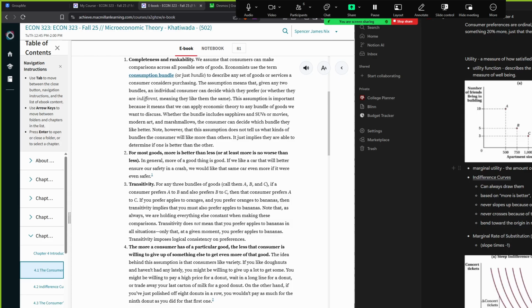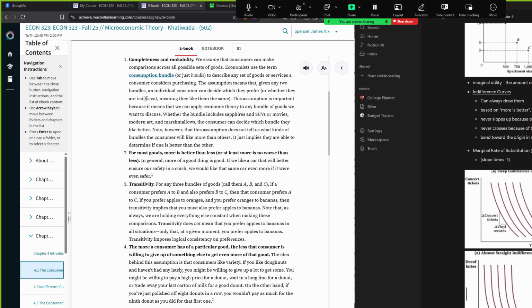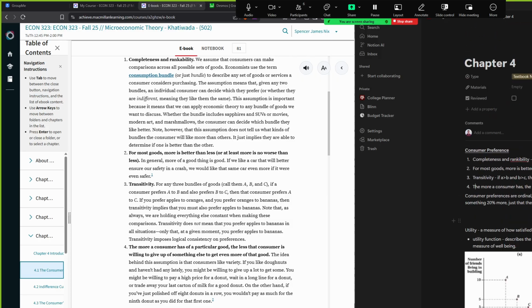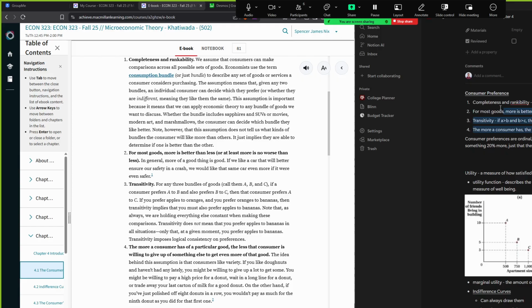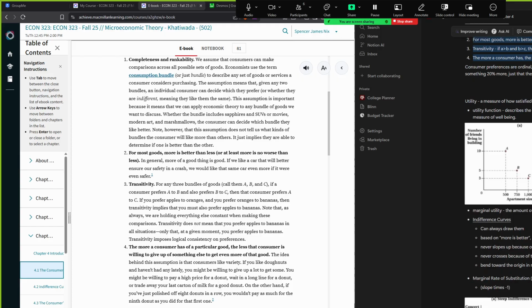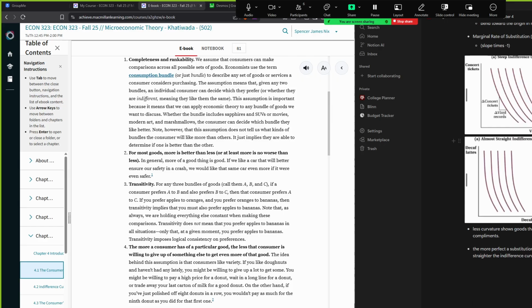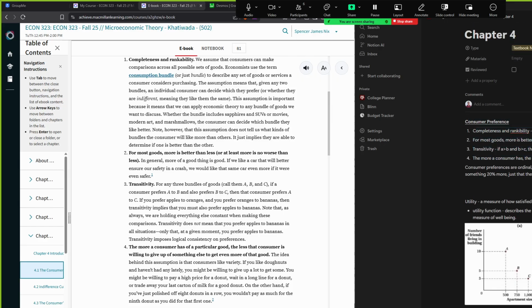Bananas are worth more to me than apples just because I have so many. That's where you get this curve, and we'll get into it later. These rules are going to come up again when you're looking at graphs. They're going to explain some of these graph shapes. Most of it's common sense, but it's good to have an idea of it.